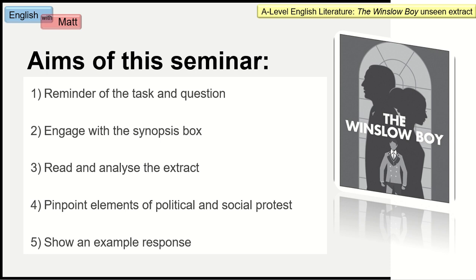We're then going to analyse the extract while reading, and in so doing, connecting the genre to the extract. So this task is really all about connecting political and social protest elements to something that you've not read before. And then the video is going to finish by showing you an example of what a good response looks like.